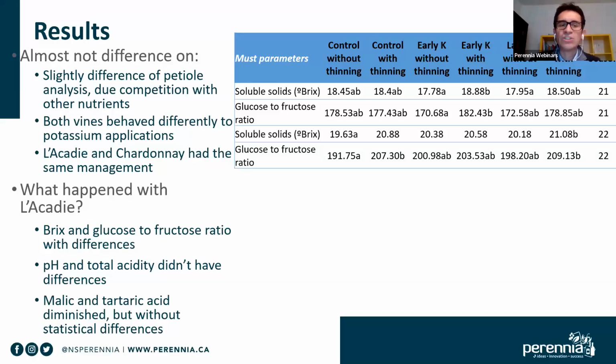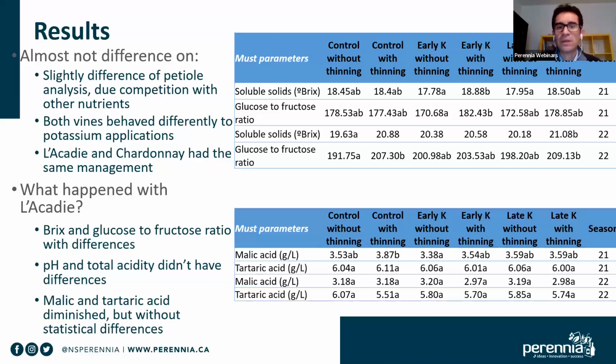In terms of pH and total acidity, we didn't have big differences. Malic and tartaric acid diminished, but without statistical differences. On the left, you can see the malic and tartaric acid, in grams per liter, and each row shows you the amount in each control and per treatment.